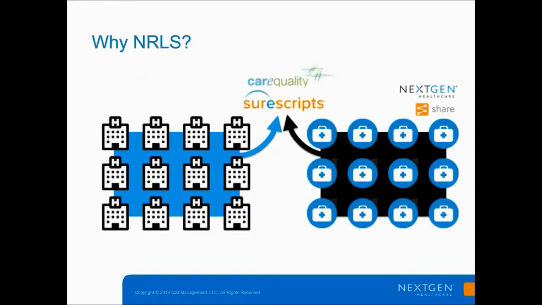It also has the Surescripts NRLS functionality that Dean described, with those hundreds of millions of records and billions of encounter histories that allow each system to find out where a patient has been treated before and retrieve that clinical data.